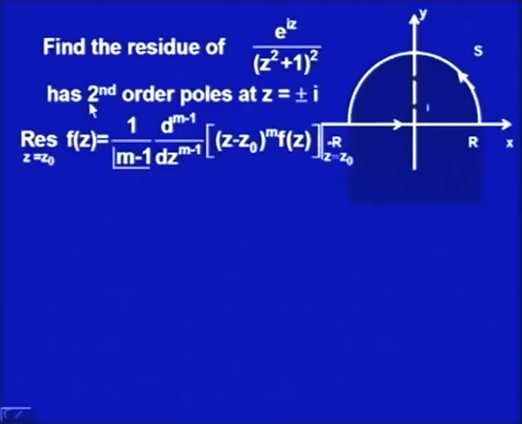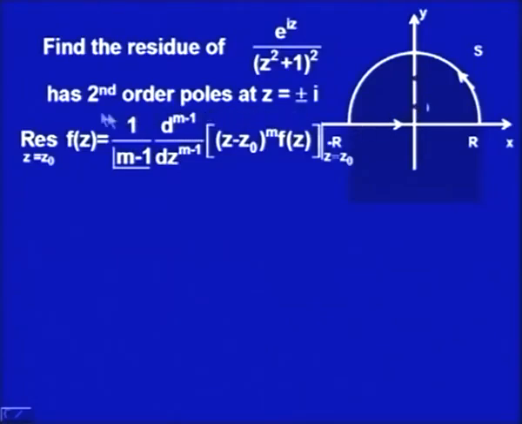Here my m is 2. So, m minus 1 would be 1. So, we will use this formula, and now we will calculate the residue at z equal to i.